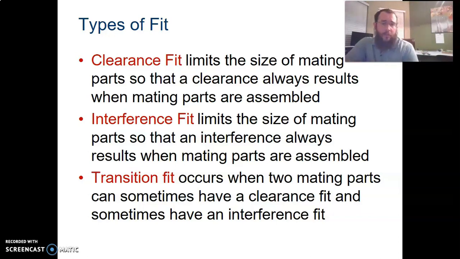An interference fit is a fit where there is no space and it's being forced together. My best example for that would be a hammer and a nail.